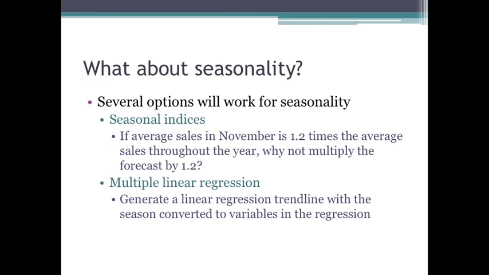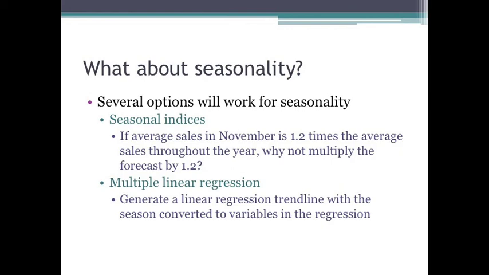So that tells us what we can use if we have a trend in our data, if we have an increase or decrease over time. So what do we do about seasonality? Well, we have several options available for seasonality.